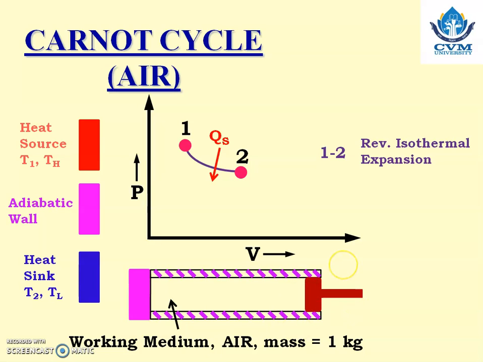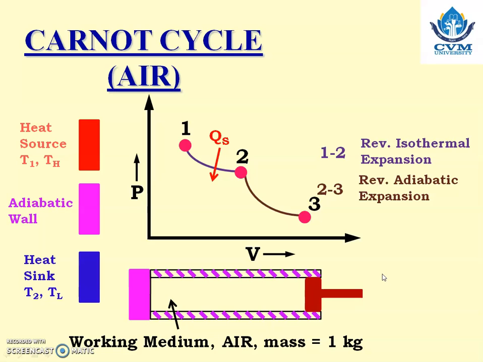The condition reached is point number 3, and this process is known as the reversible adiabatic expansion process. So 2 to 3 is the reversible adiabatic expansion process, and the parameters reached are P3 and V3.